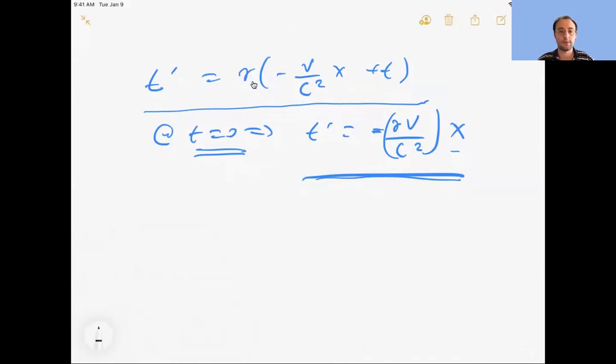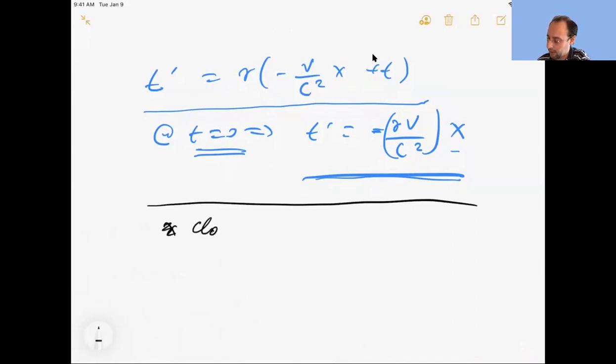Just a second, please. Okay. Let's say we're tracking a clock that's sitting at some particular location in her frame, X prime, clock.